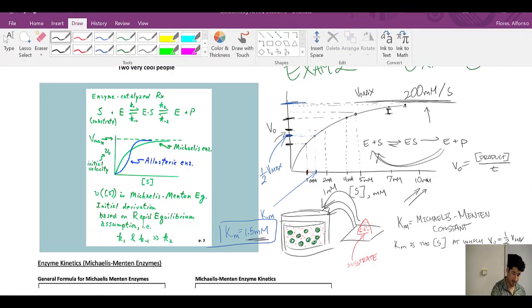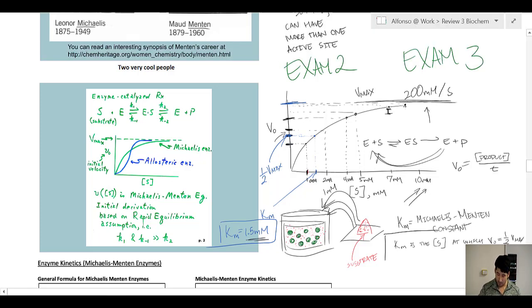This little statement right here, this little nugget of wisdom, is one of the most important concepts of this whole unit. Km is the substrate concentration at which your initial velocity is 1/2 of the Vmax.